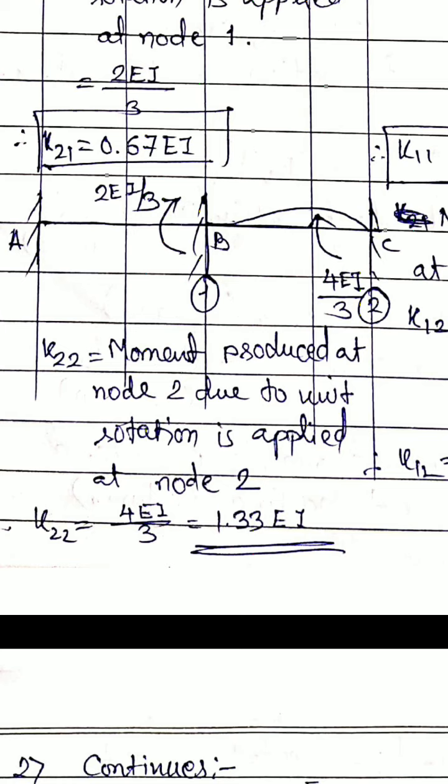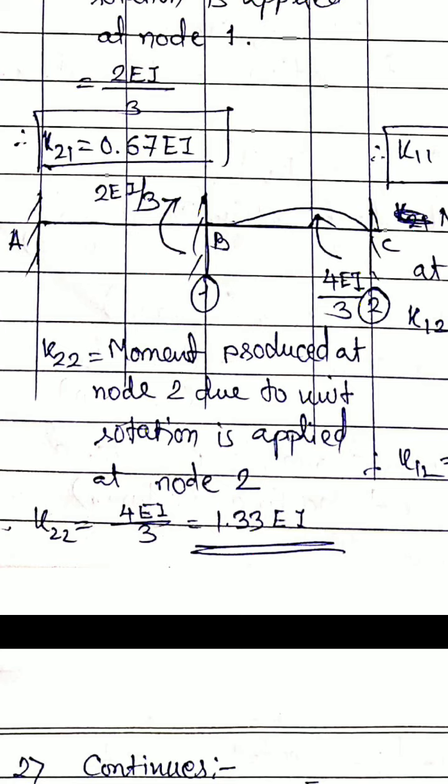Okay, so in this regard you can denote near end and far end. Where we are applying unit rotation, that particular end will be treated as the near end, and the further end will be treated as the far end. So the near end is very important, where the moment is produced first and unit rotation is applied.